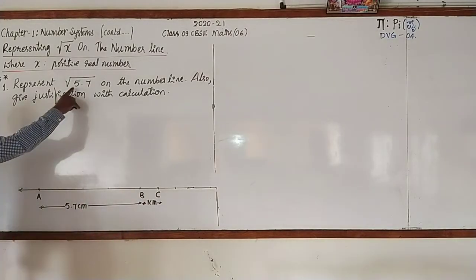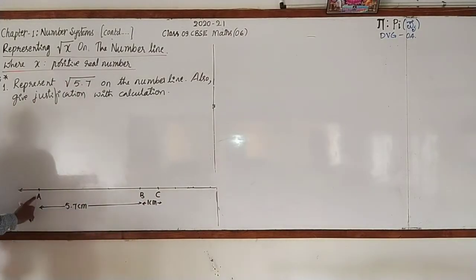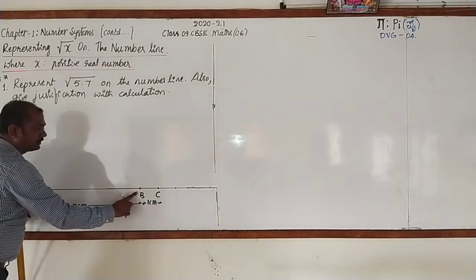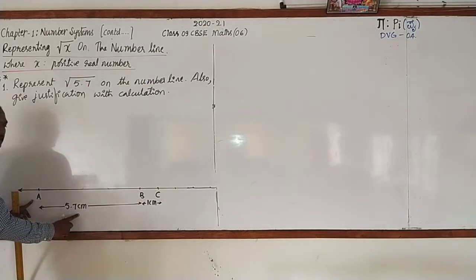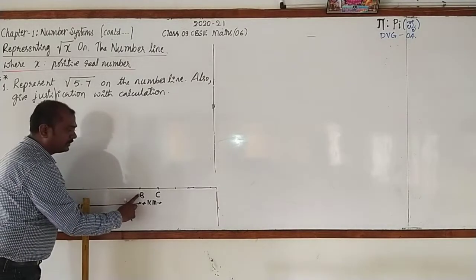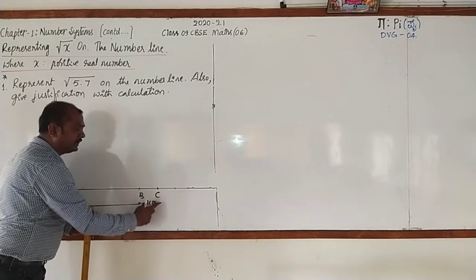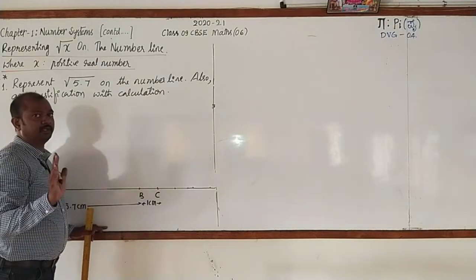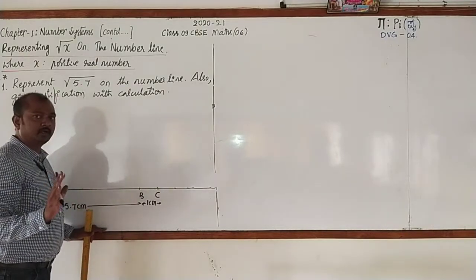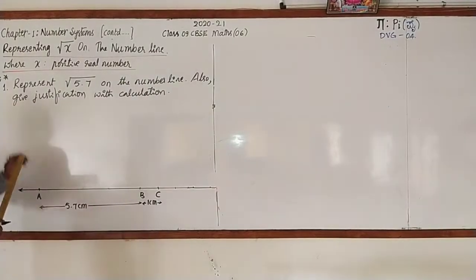The given number is square root of 5.7. First, we have marked the point A. Then we have marked the point B at a distance of 5.7 centimeter. Then we have marked another point C at a distance of 1 centimeter from B. Understood? Okay.